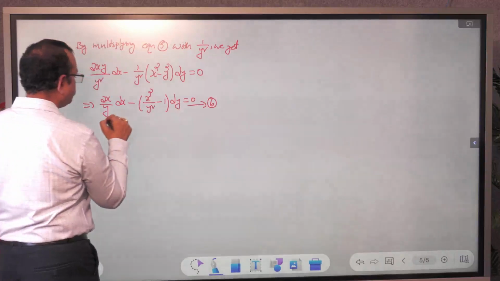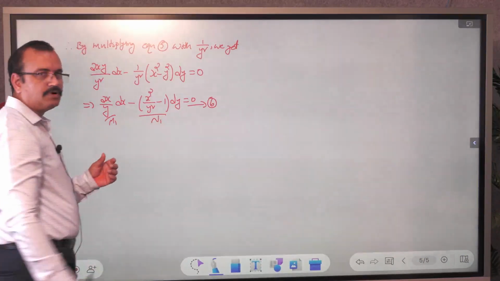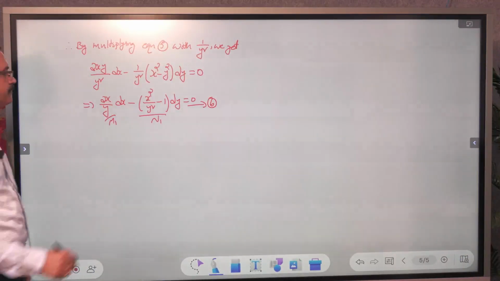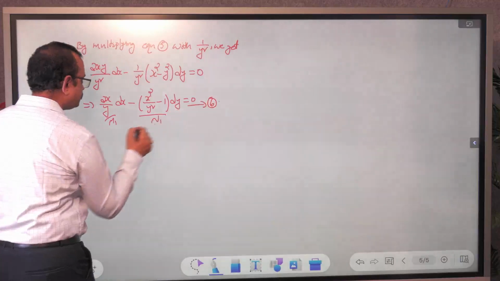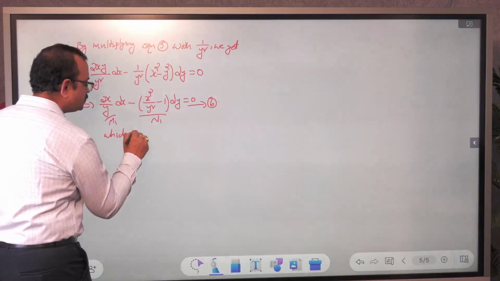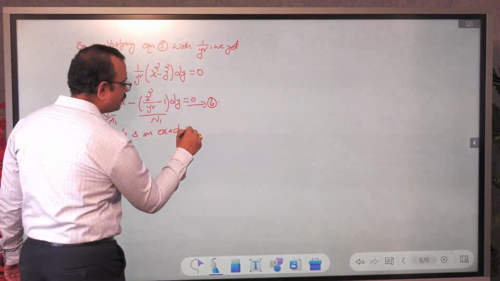Okay. Now this is of the form M1 dx plus N1 dy is equal to 0, which is nothing but an exact differential equation.